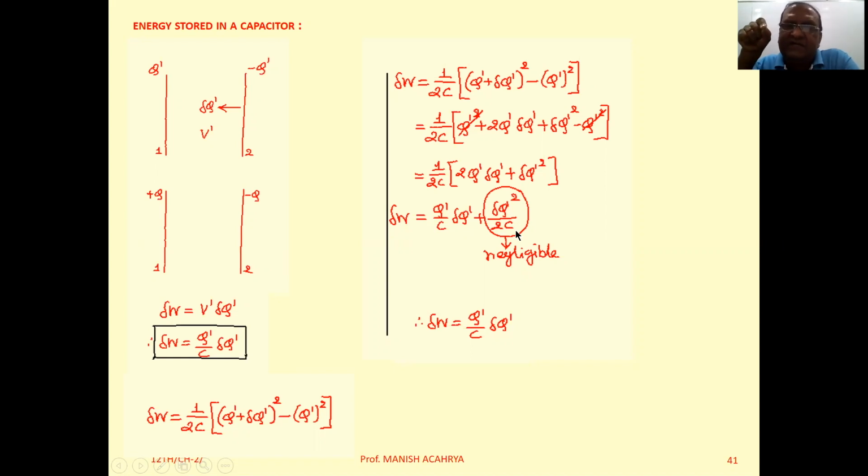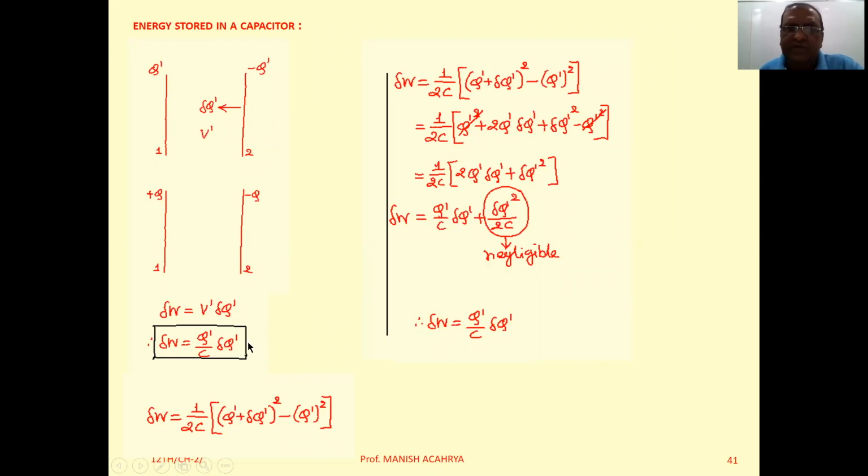Here the charge transferred from one plate to another is infinitesimally small, and therefore delta q dash square will be even smaller. Divided by 2C, this entire term can be neglected compared to the first one. Neglecting this term, we can write resultantly delta W equals q dash by C into delta q dash. So that is our equation.